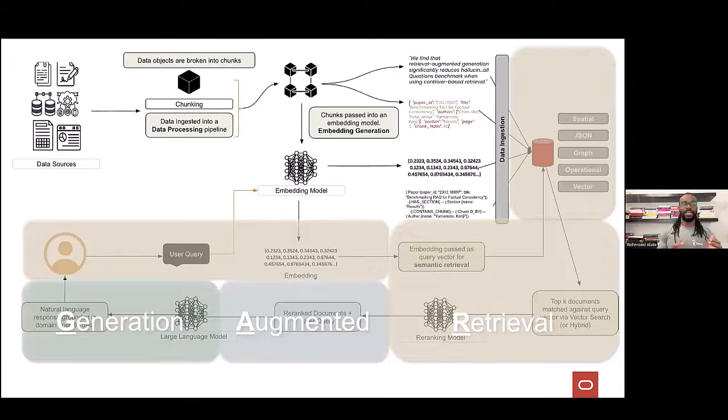So the augmented aspect of it is this, right? When you're augmenting information, you're usually adding more information to your initial information to enrich it in some sense. In this case, the augmentation is that the user query has been augmented by some retrieved documents.